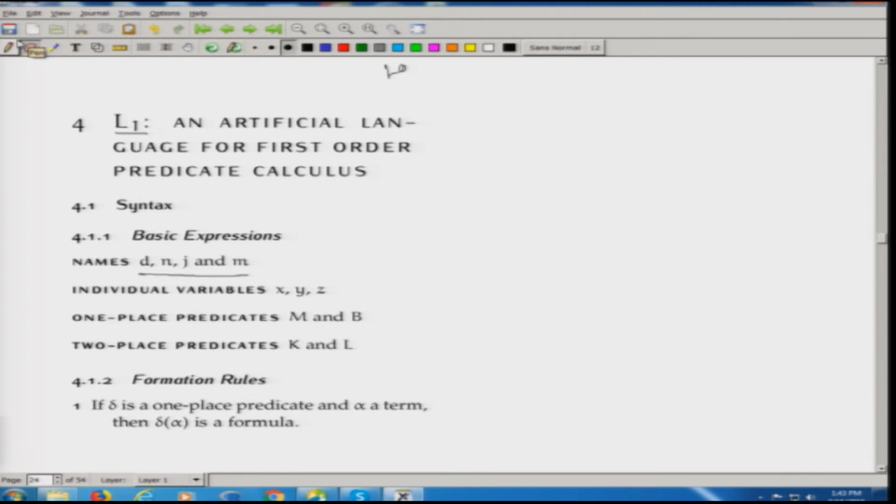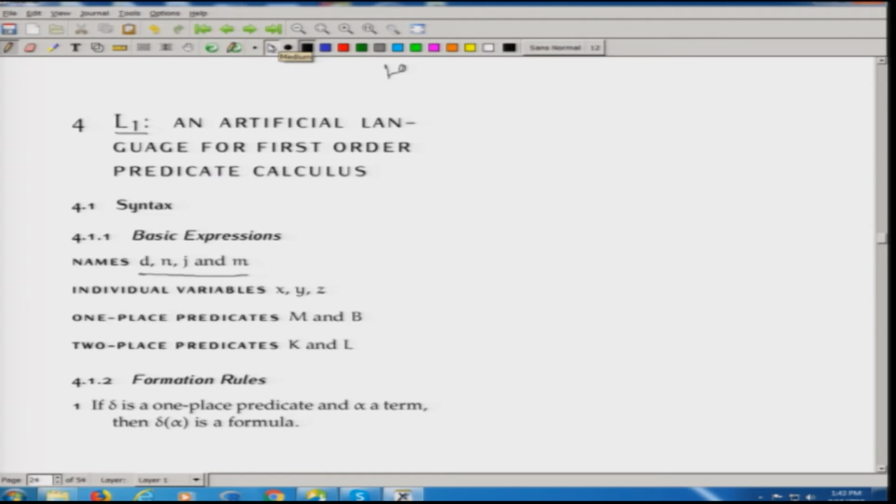Ideally, we should have an infinite supply of individual variables. So, ideally we should have V1, V2, V3 through Vn, but then it will be inconvenient and more complex than it is now.